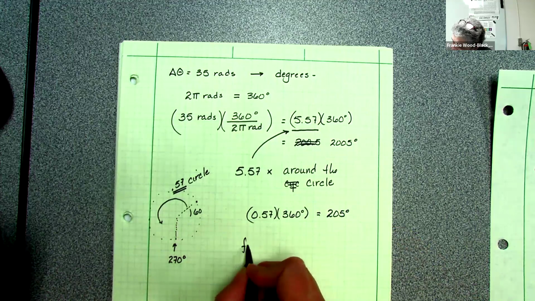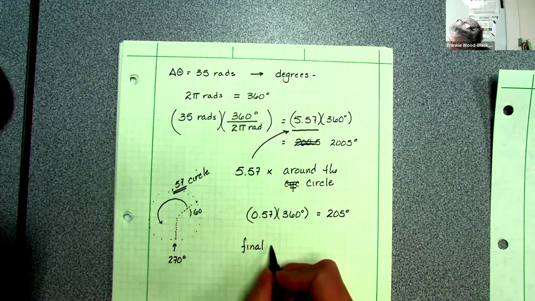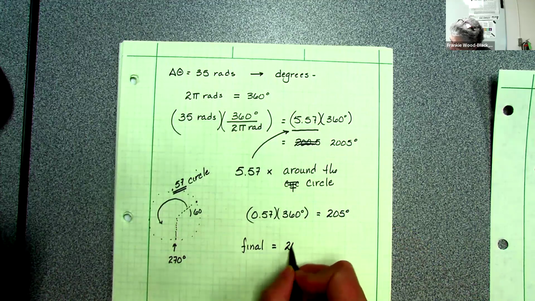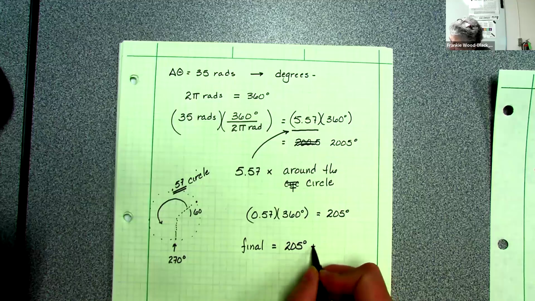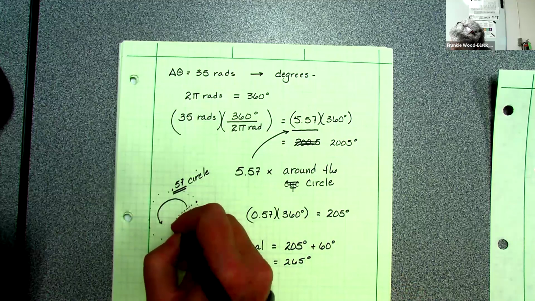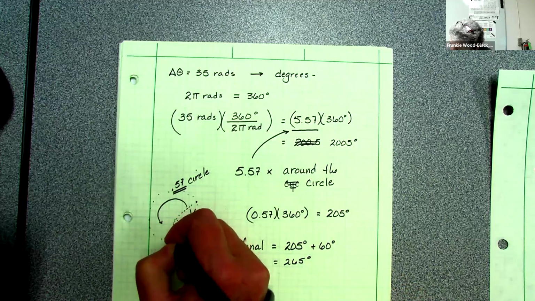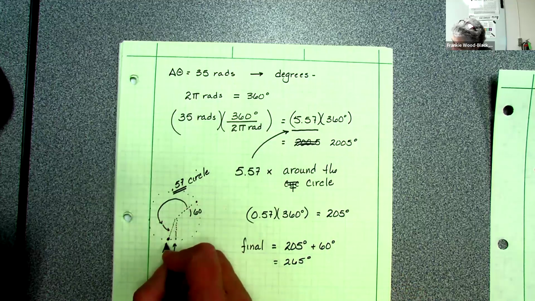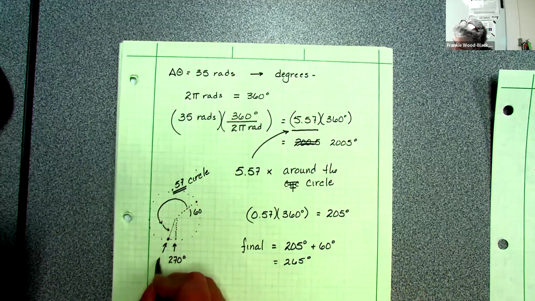My final position is going to equal my 205 degrees plus my 60 degrees, which is going to give me 265 degrees, which means that my final position of my point is going to ultimately be here at 265 degrees.